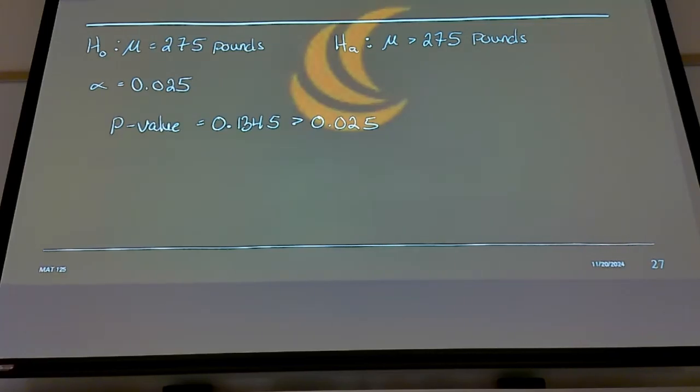It will not reject. It's kind of slow, but it's better. So what was the rule for p-value? You reject the null when p is what compared to alpha? Less than or equal.